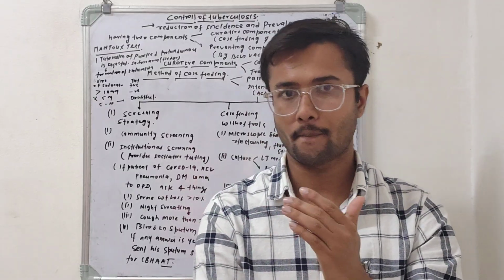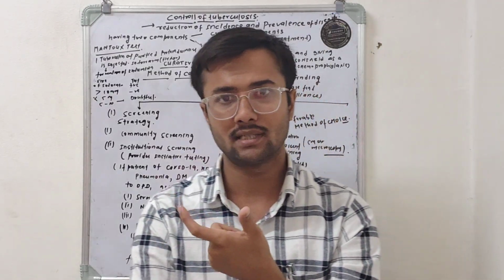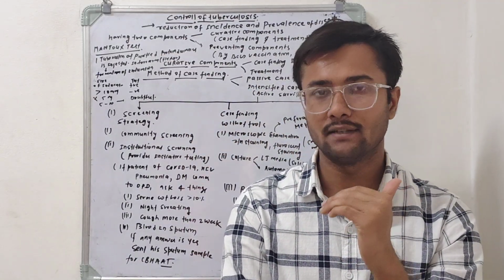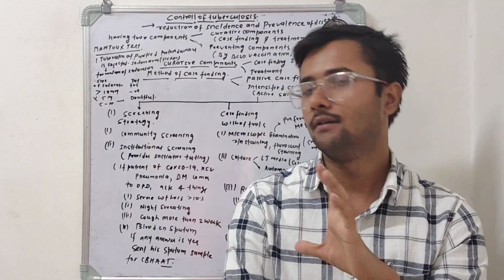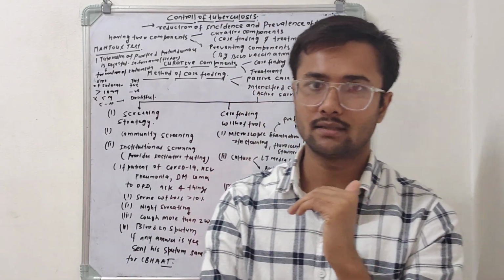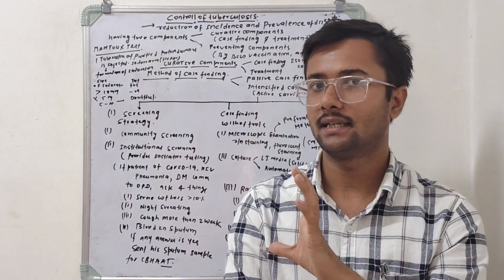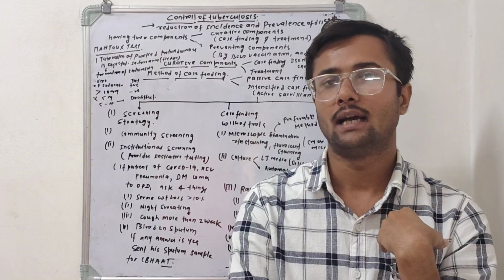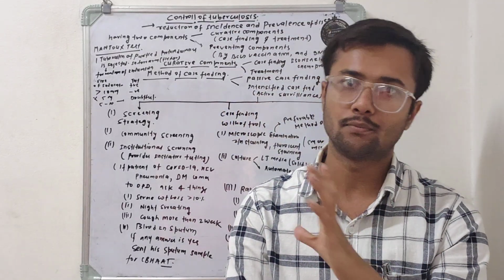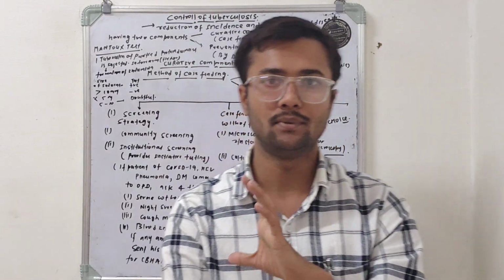One is passive surveillance, another is active surveillance, and the third is with the help of some tools. What is the difference between these three? We start with passive surveillance. In passive surveillance, the TB patient develops chest pain, fever, and chronic cough with sputum for more than 2 weeks. These are the common symptoms of TB patients.